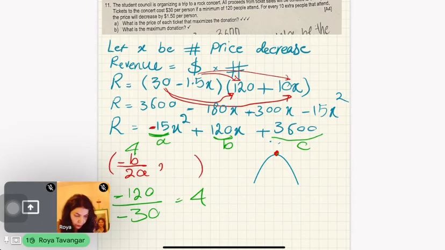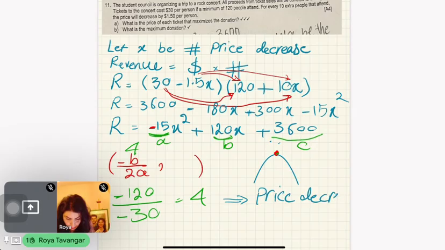So the price decrease is $6. The original price was $30.